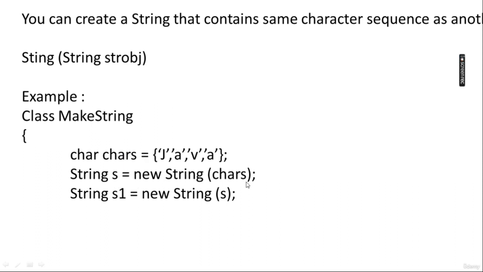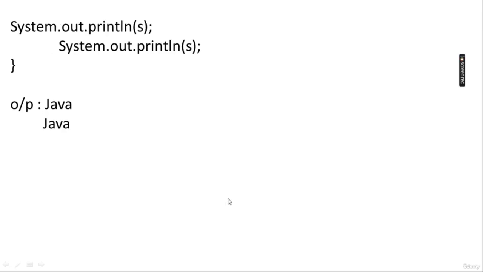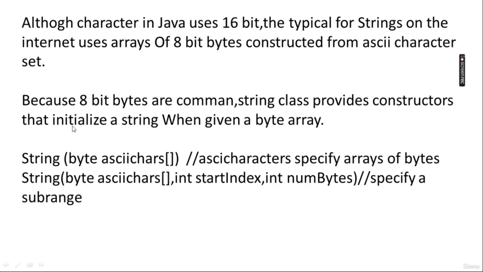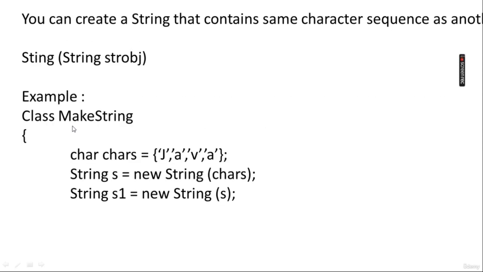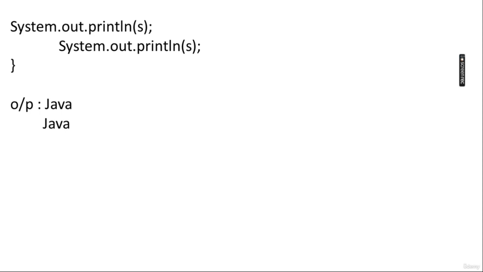String s = new String(chars); String s1 = new String(s). Then I'm printing this string object using System.out.println(s). So s is Java and this is also Java. By mistake, s is written here, it should be s1.